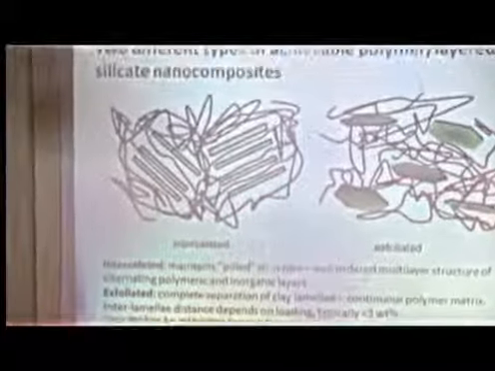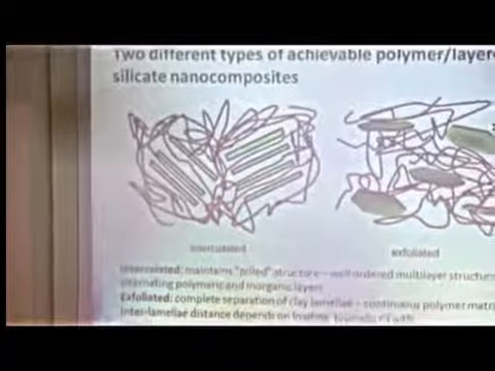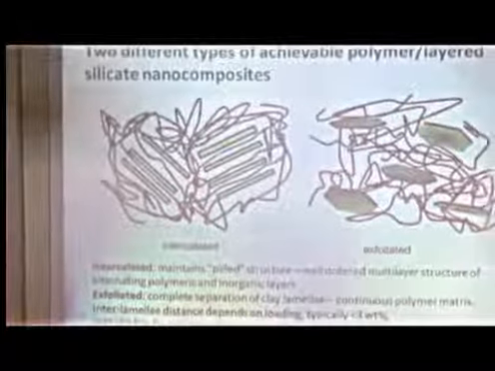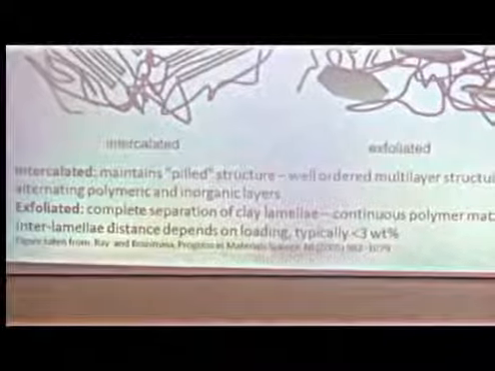And here in the intercalated ones, we still end up with a fairly regular structure of the particles themselves, which are simply intercalated by, in this case, the polymer chains that run in between.